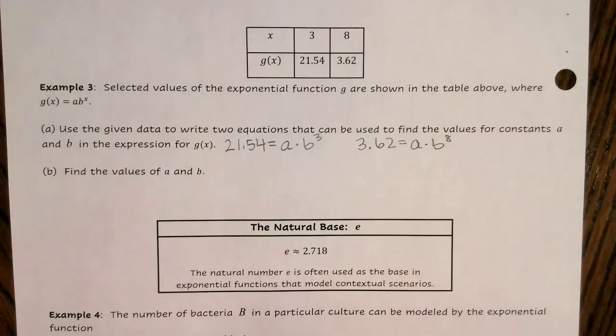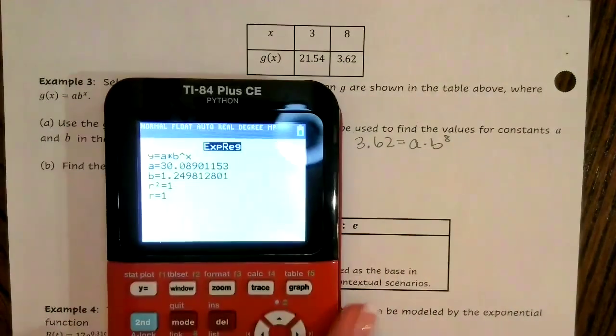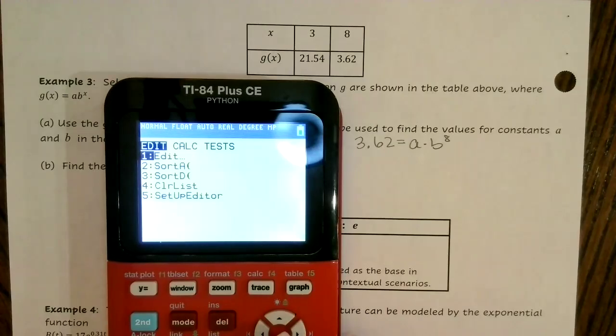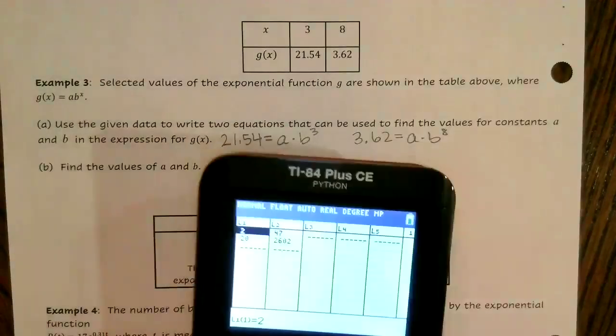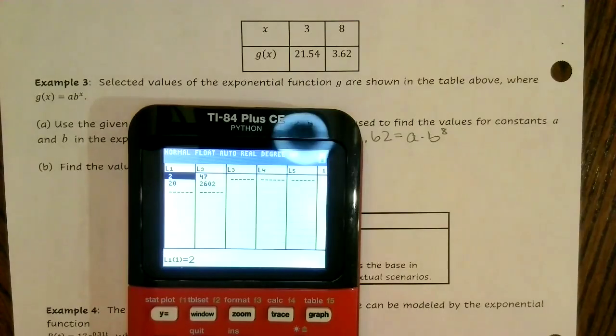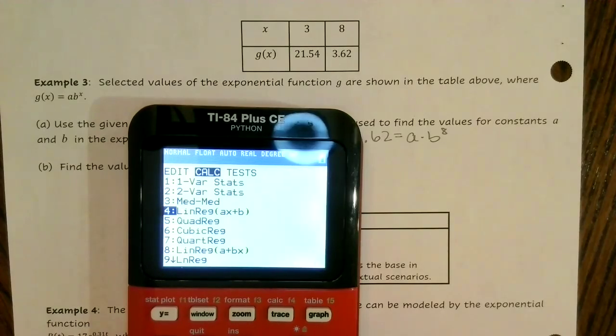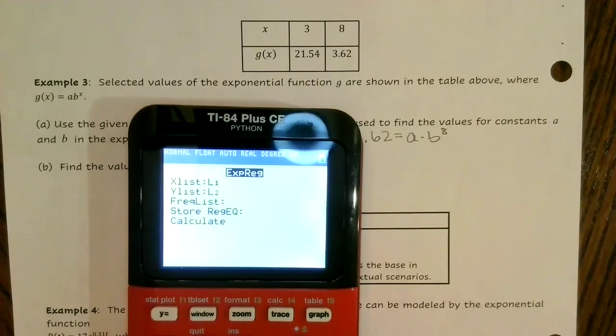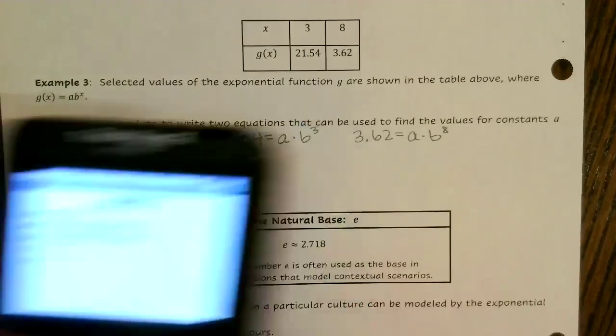To find a and b, you've got a system of equations there, so you can do it as a system of equations, or you can go into your calculator, which is the easiest way. We're going to hit stat, and then we're going to put in our information. So 3 and 8, 21.54 and 3.62, making sure we match those. And we go down to our exponential regression alpha trace, y1, and we calculate. And so there is our equation.